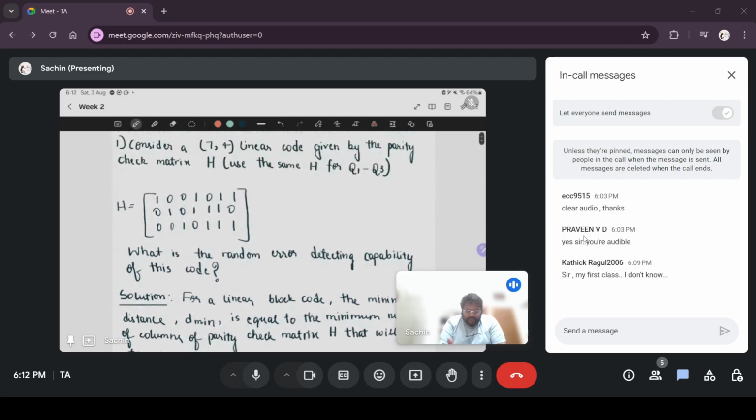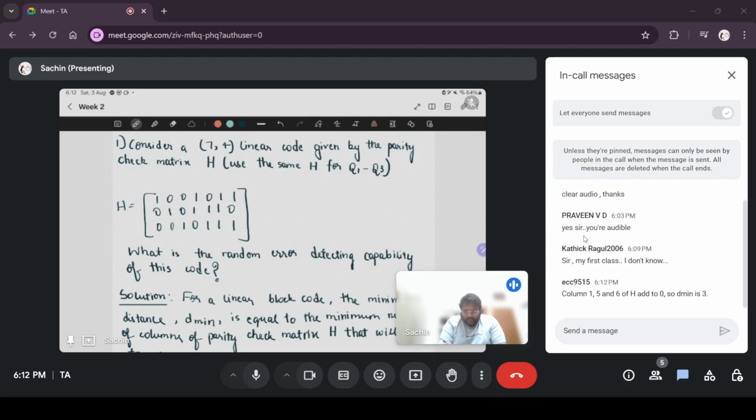So you have this matrix H. How many columns should you add to get a zero vector? What is the minimum number of columns that you should add? If you take only a single column, there is no zero column in the parity check matrix, so with just a single column you won't get the zero vector. Let's say you try with any two of these vectors. Let me try with these two columns: 1 1 0 plus 0 1 1, and the addition is in binary.